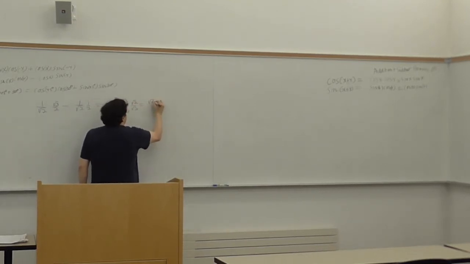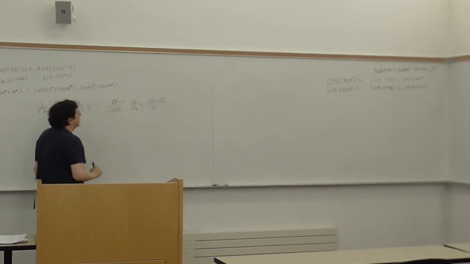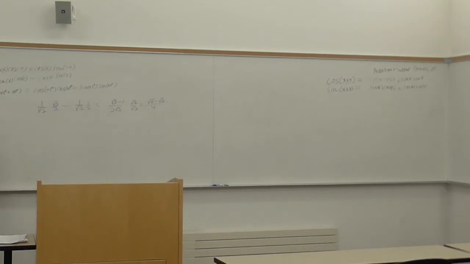So that's square root of 6 minus square root of 2 over 4. Wow. See, before we just knew 30, 60, 45, 90, and all those multiples. Now we can find multiples of 75.